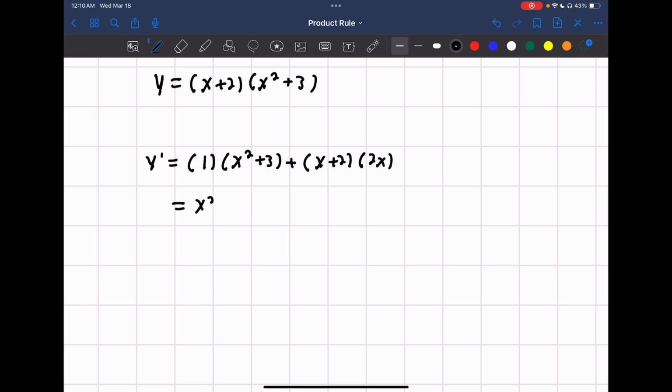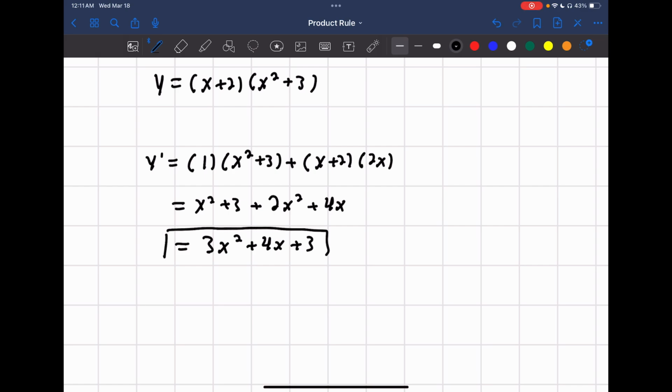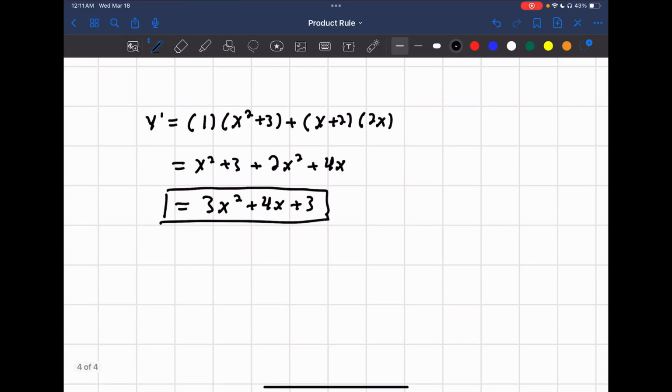To simplify everything, we would have x to the power of 2 plus 3 plus 2 times x to the power of 2 plus 4x, which equates to 3 times x to the power of 2 plus 4x plus 3. And this is our final answer. And this is our last example.